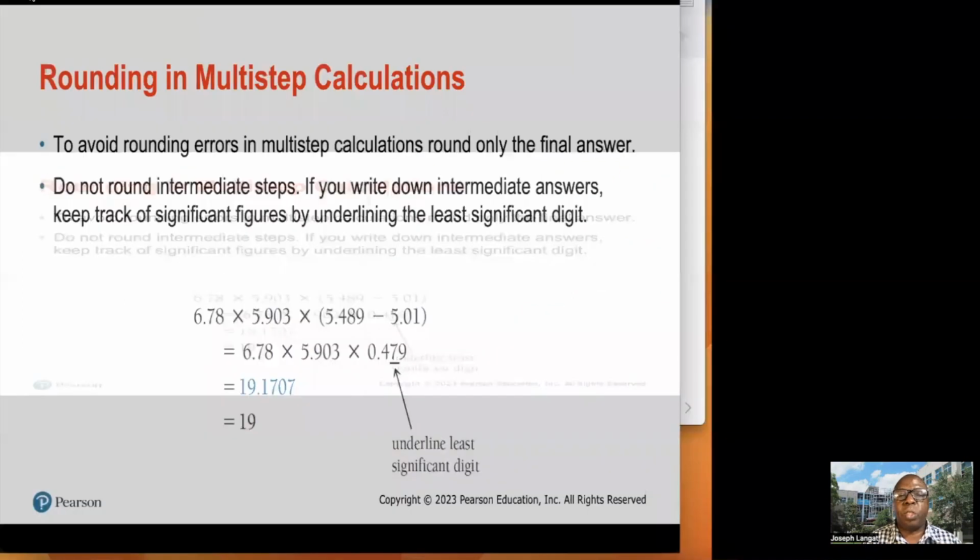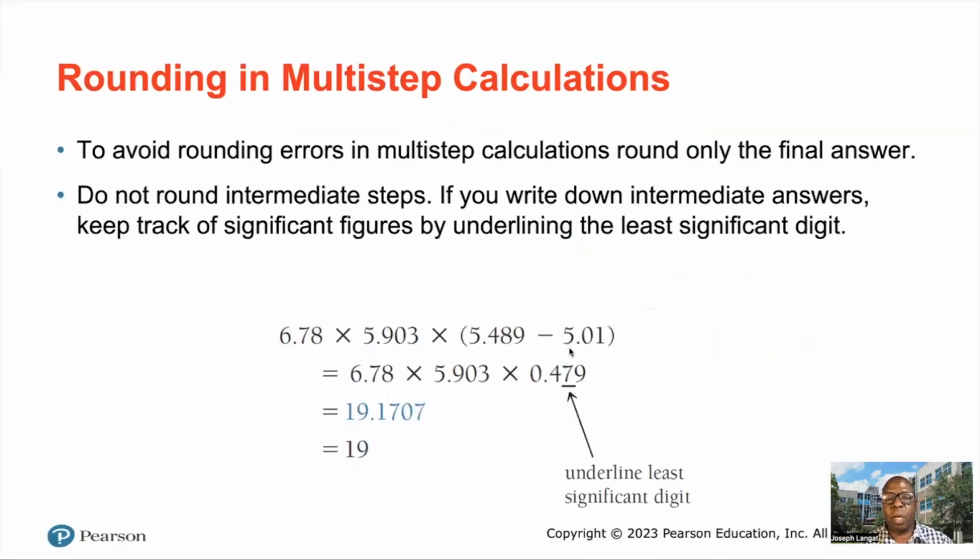Let me just zoom this so that we all can see clearly. Remember the order of operations, we start with the parentheses, and if we are subtracting, we should have 2 places of decimal, and this is the final answer that when we plug in now this calculation, that means our final answer should have 2 places of decimal. I mean 2 places of decimal, 2 significant figures. That's why we have 19 based on what overrides that.